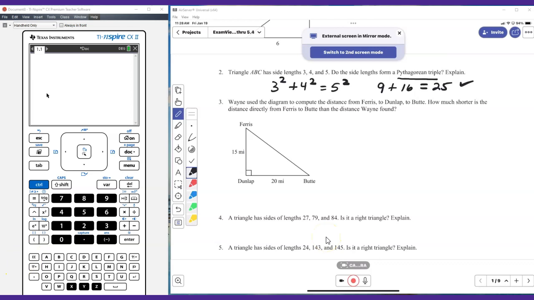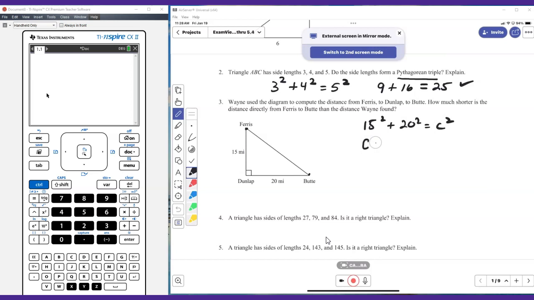Wayne used a diagram to compute the distance from Ferris to Dunlap to Butte. How much shorter is the distance from Ferris to Butte than the distance Wayne found? Okay, so we're going to have to find this distance here. So it's going to be 15 squared plus 20 squared equals c squared.